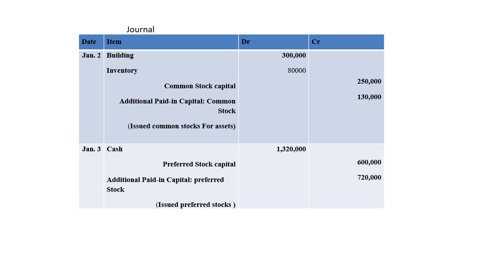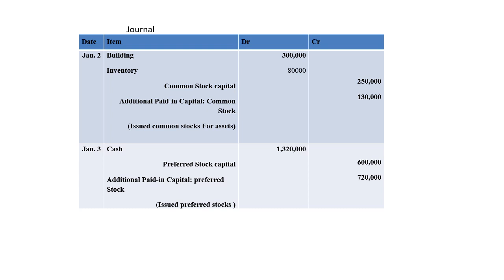And that's issuance of common stocks for assets other than cash. We didn't collect cash for issuing the stocks. We collected other assets, building and inventory. Whatever the asset collected, it's debited by the market value. And the capital is always credited by the par value of the share multiplied by the number of shares issued. And the difference is additional paid in capital from common stocks.